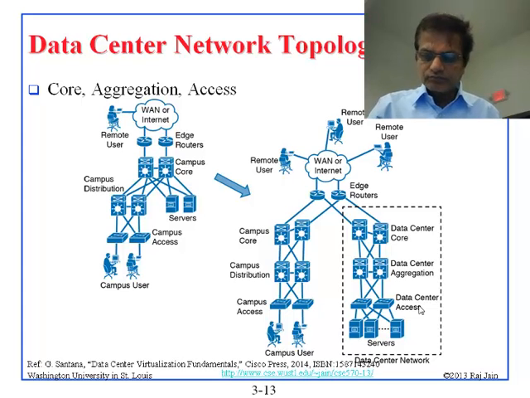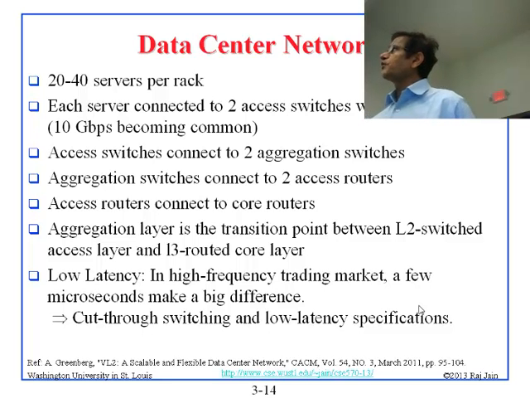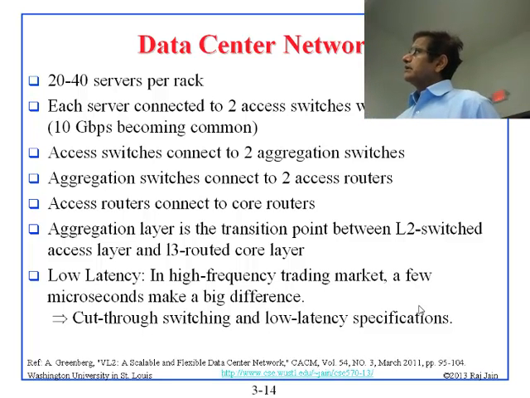Basically, you can correct in your slide: access connects to aggregation, aggregation connects to the core, and then this one can go away. There's no cycle backwards and forwards. Access doesn't connect to core. Aggregation connects to the core. Then the aggregation layer is the transition point between L2 and L3.